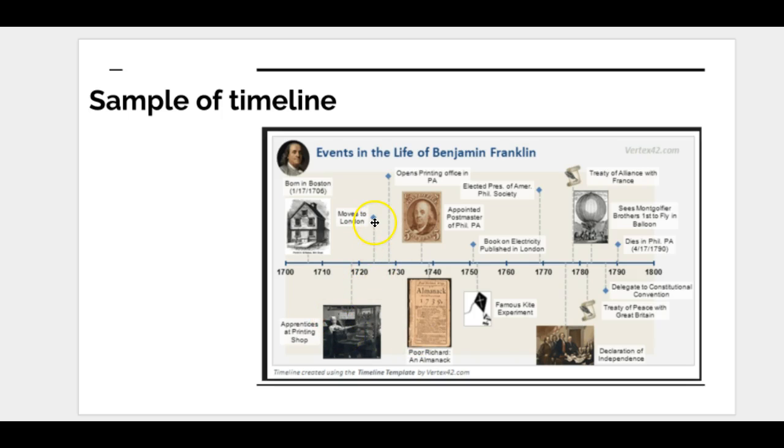Benjamin Franklin moves to London just after 1720. It looks like it's in the middle of 1720 and 1730, so possibly 1725. And so this is just another example of a timeline for you to see.